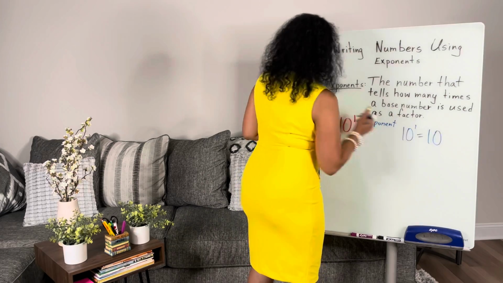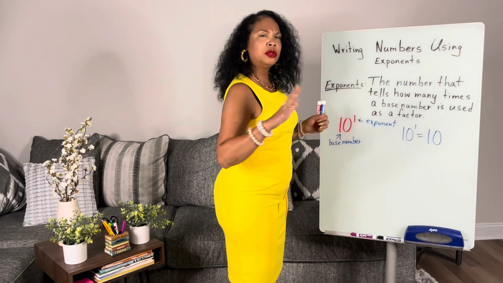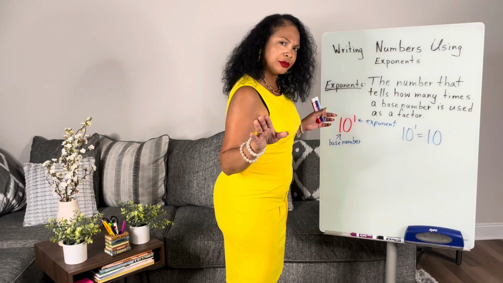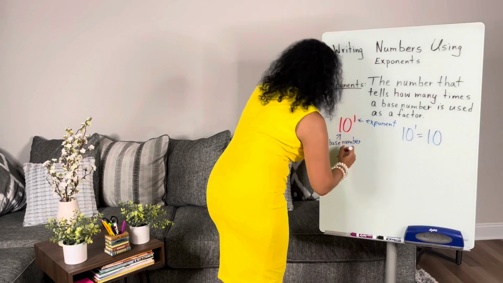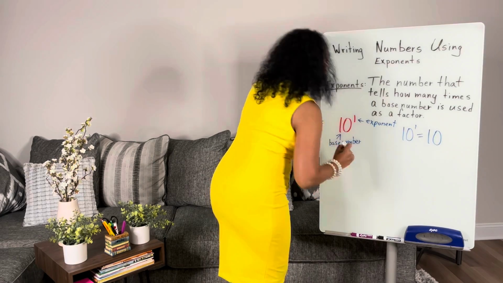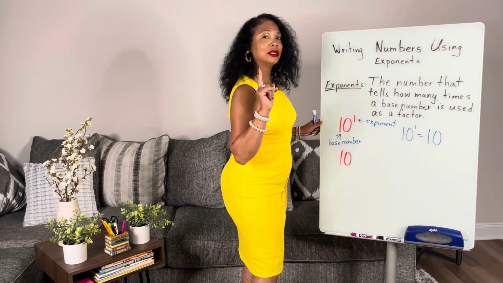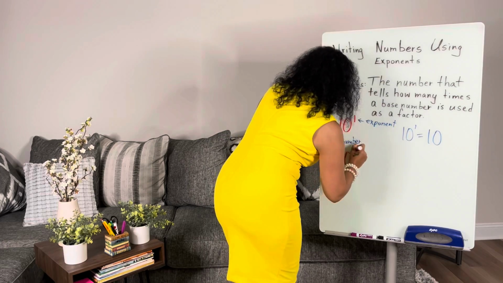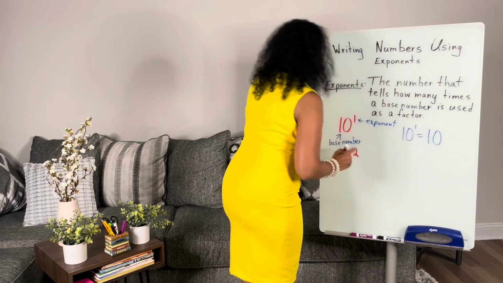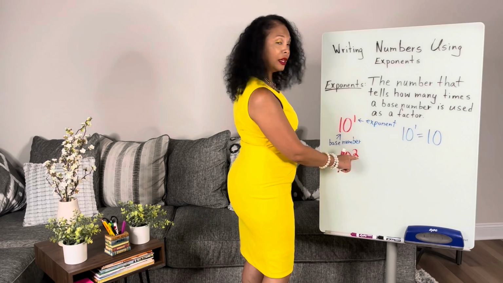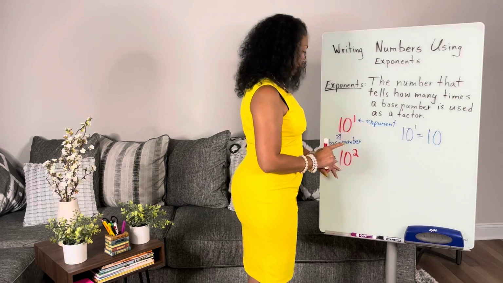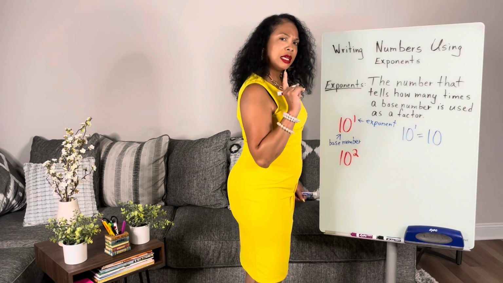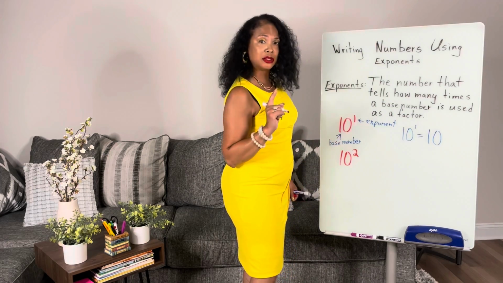All right. Now we're going to use a different exponent. We're going to use the same base number, 10. Now the exponent is going to be 10 to the second power. So the 2 up here tells the 10 how many times it has to be used as a factor.